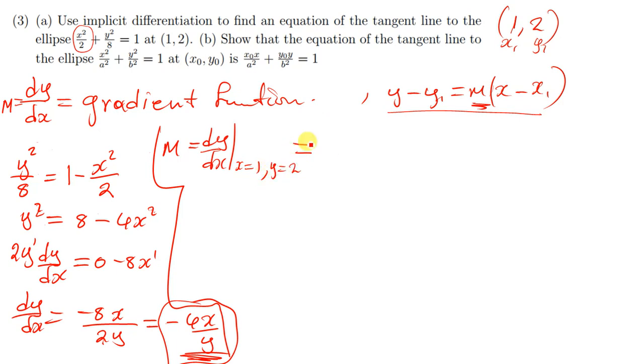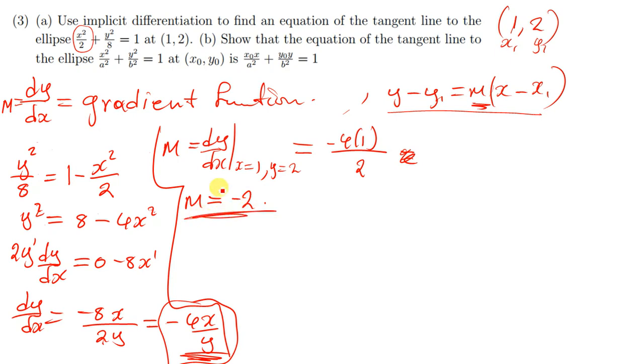We replace x with 1, so we're going to have negative 4 times 1, all divided by y, which is just 2. So the value of m will now just be 2 into negative 4. The answer is negative 2. So this is the gradient.